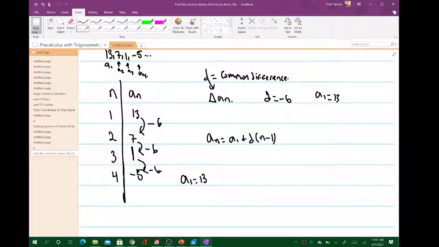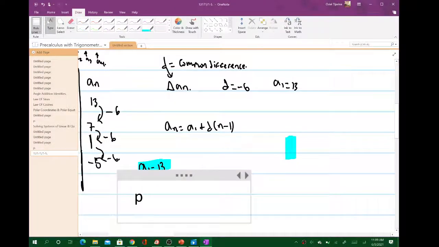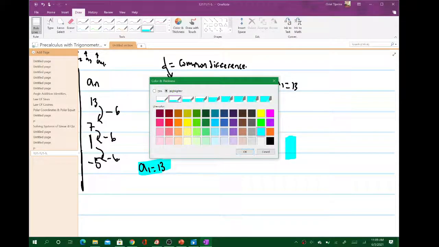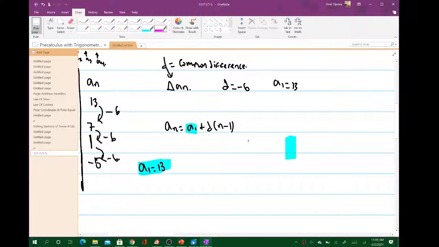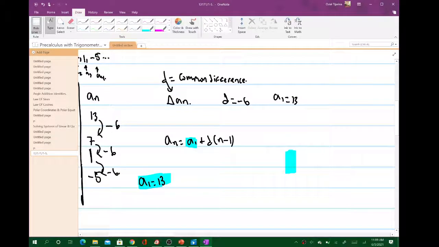I'm going to try to highlight this so that we understand how it works, or rather the labels. We know that a sub 1 is right here, and for d, we have -6, so d is right here.